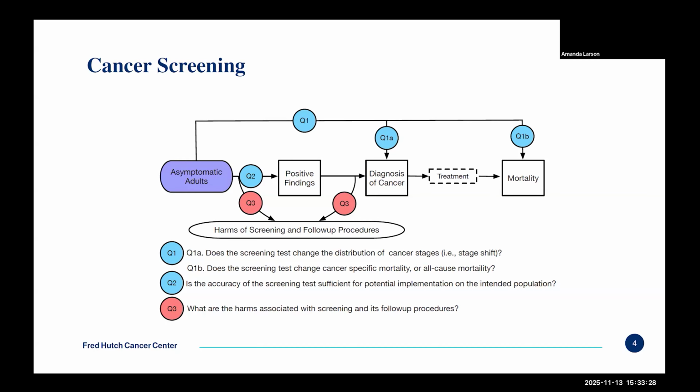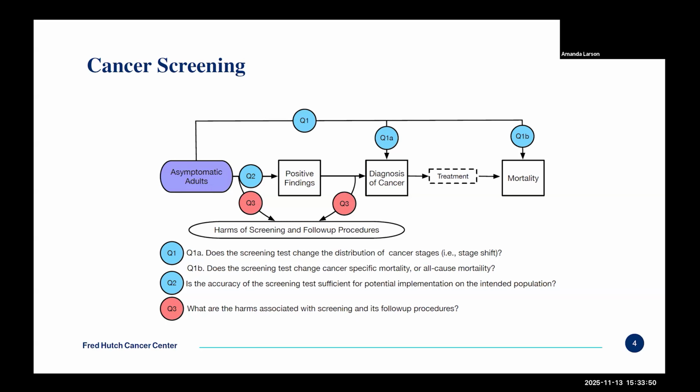So there are several questions. The first question: will this screening test really have effects, either in changing the stage distribution, so that you see fewer late stage patients in the end, or, if you do see the mortality benefit, reducing mortality in the end? To see such effects, you need to carefully design the study.